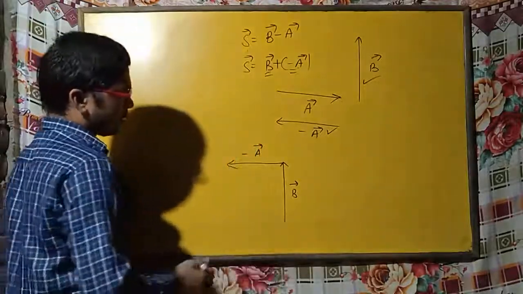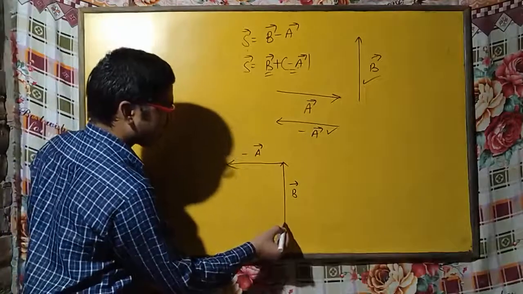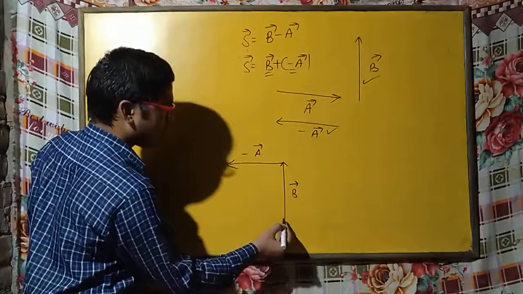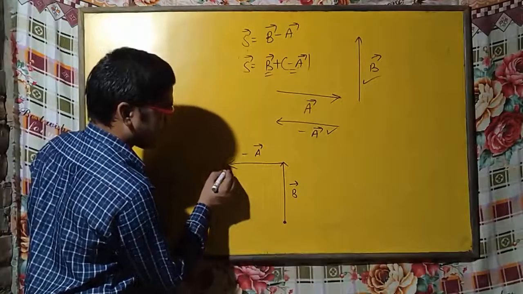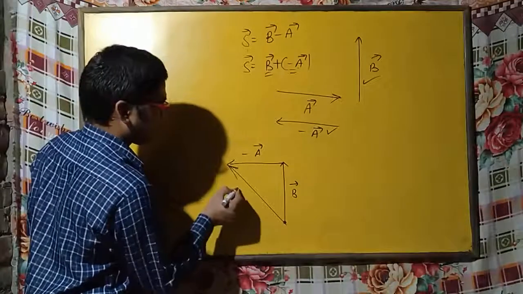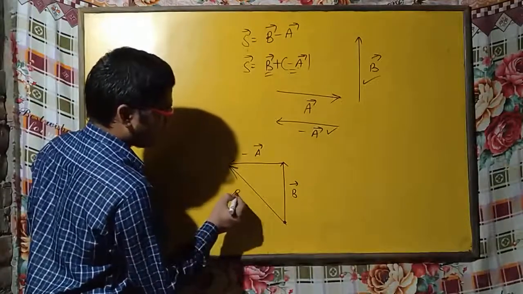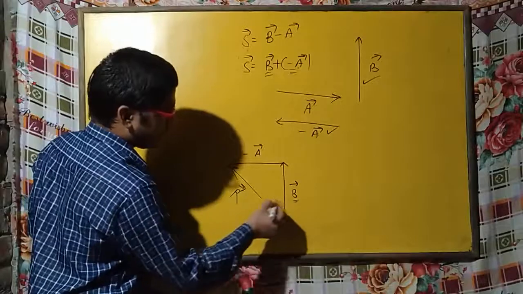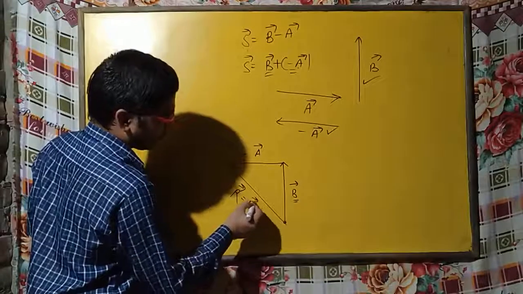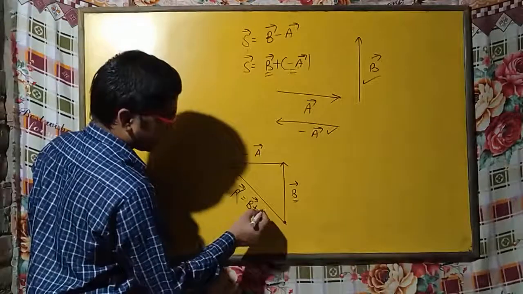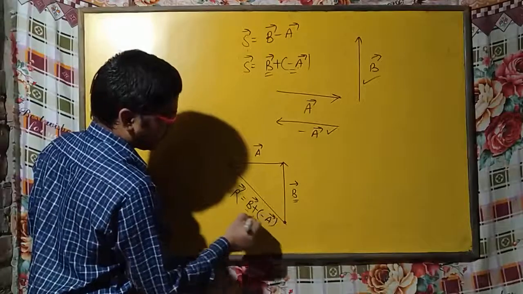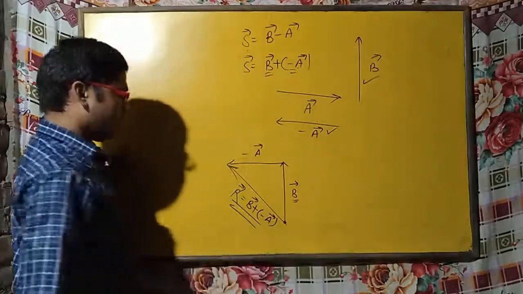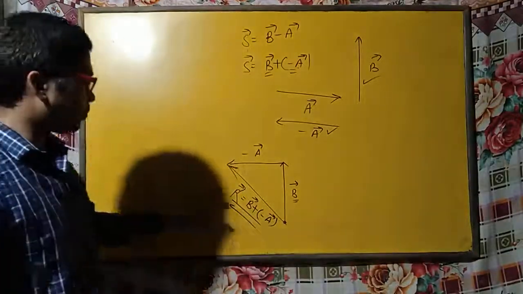Now combine the tail of vector b to vector a. So this one is r is equal to b plus minus vector a. So this is the answer. Now you can see r is equal to b plus minus a.